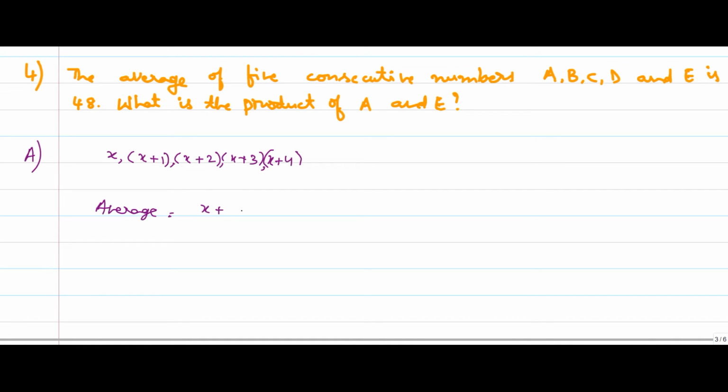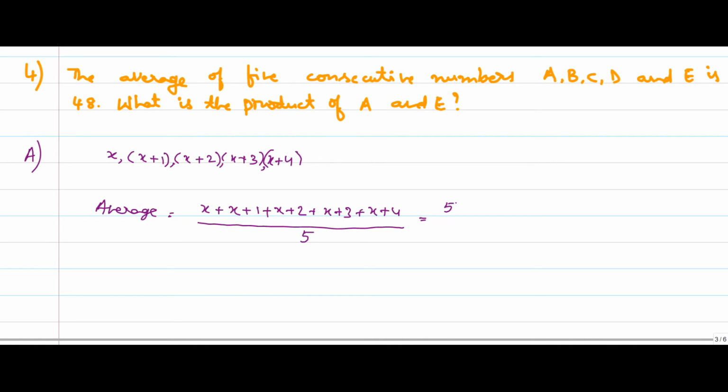So it will be x plus x plus 1 plus x plus 2 plus x plus 3 plus x plus 4, divided by the number of observations, which is 5. That's all, divided by 5.